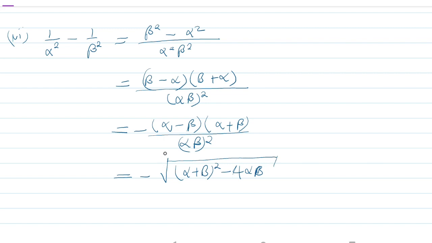So this is everything multiplied by alpha plus beta, then everything over alpha beta squared. So that is the expression. The only remaining step is to substitute what your alpha plus beta is, that is negative b over a, and the alpha beta, which is c over a.